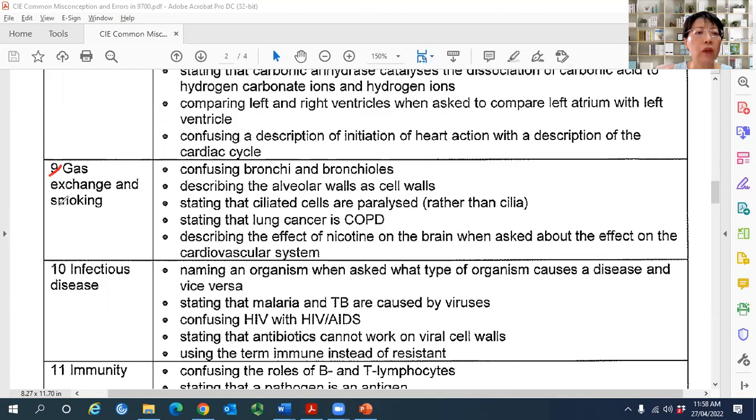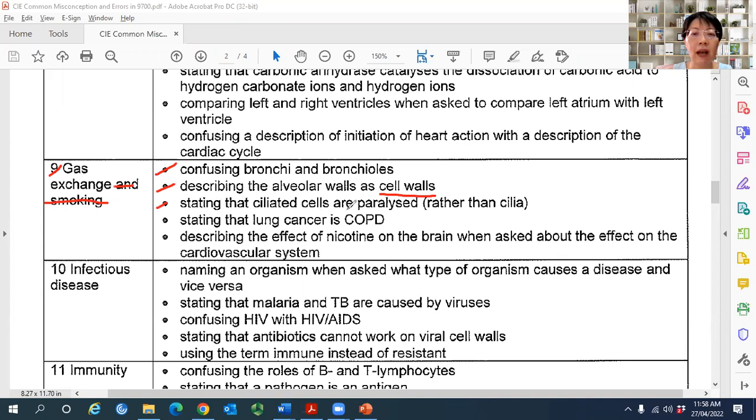Gas exchange and smoking. There's no more smoking, okay? Confusing bronchi and bronchioles. You need to know what is a bronchus and what is a bronchiole; bronchi is the plural of bronchus, and bronchioles. Okay. Describing the alveolar wall as cell walls. No, the alveolar wall is not a cell wall. So it's different.